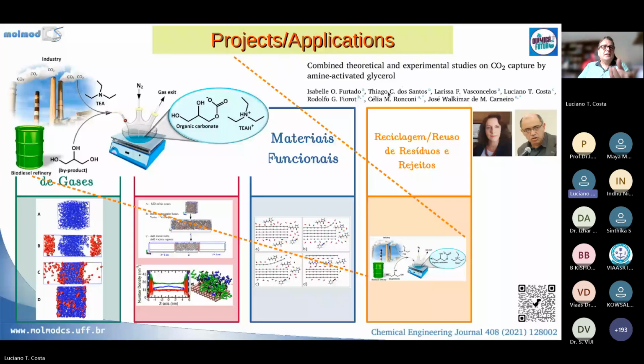Exactly, this is the conversion of CO2 into a product. And this product was an ionic liquid, as you can see here, carbonate and this amine. So that was amazing and quite important research that was led by Professor Celia Ronconi, and I have as a collaborator Professor José Valdemar.